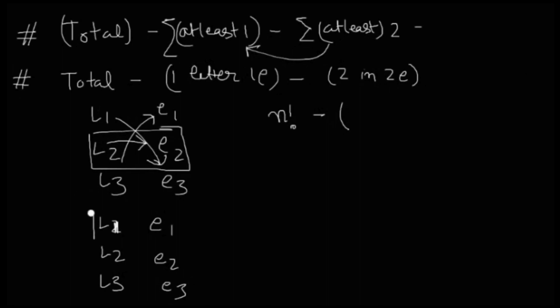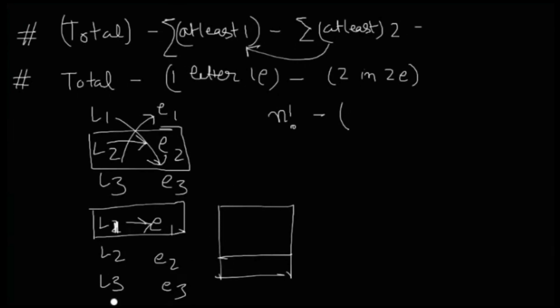Now I want to fix the first element, so L1 goes to E1. Similarly, in the third case, I will fix L3. I don't know what there will be here, but I do know that there will be 3C1 number of them, right? Because I fix L2, then L1, and then L3.